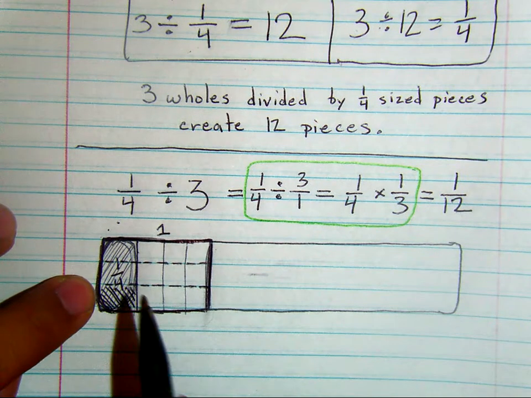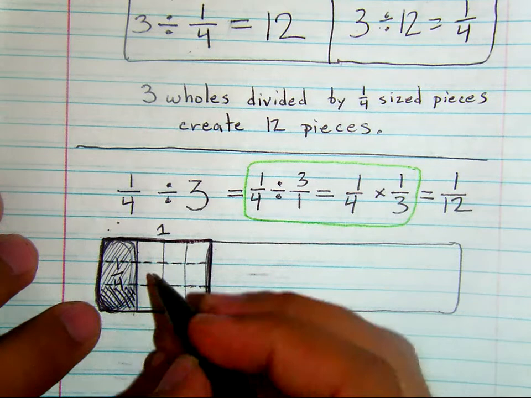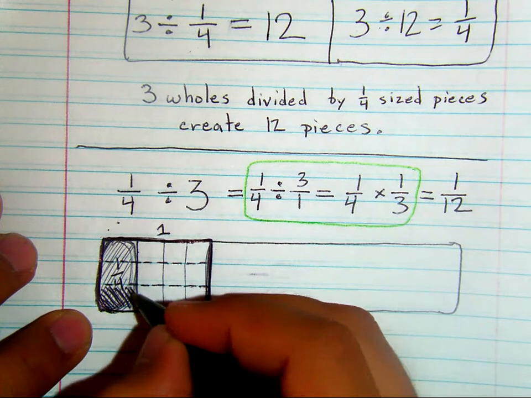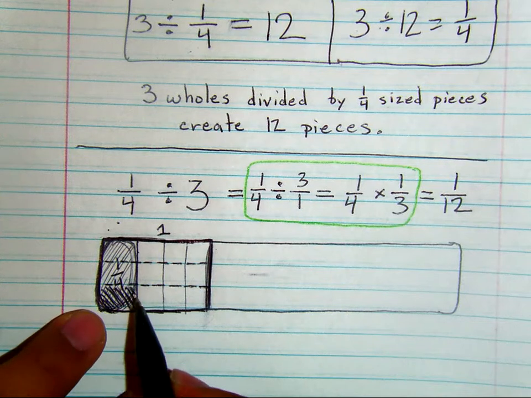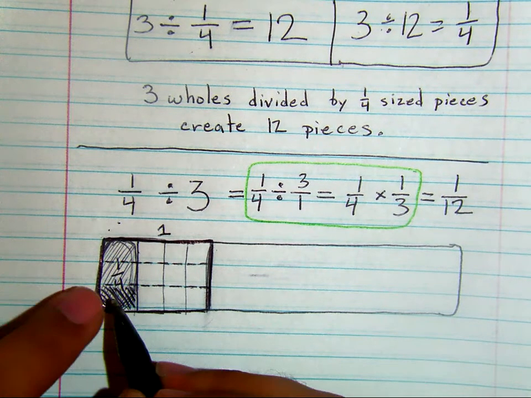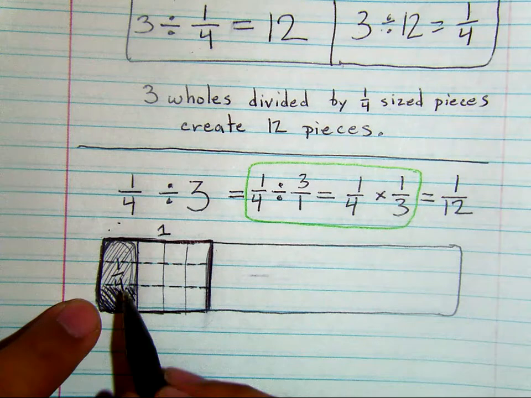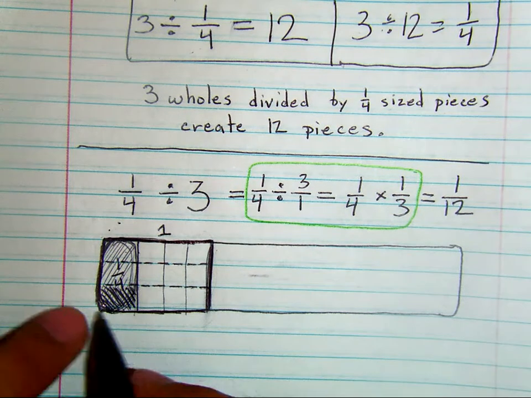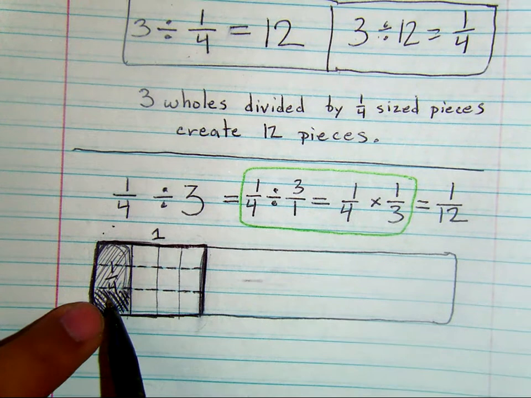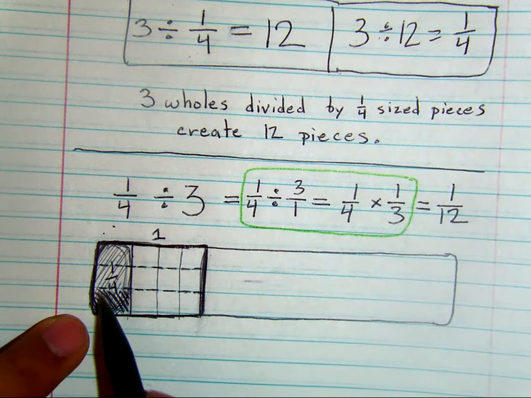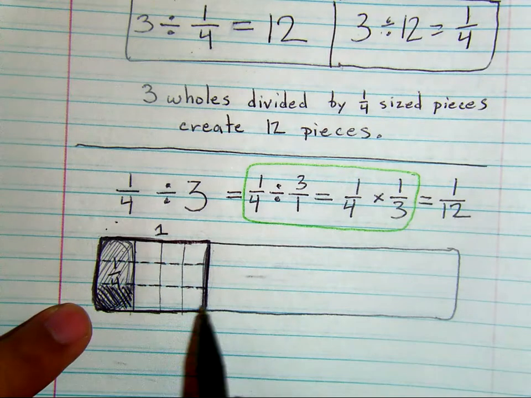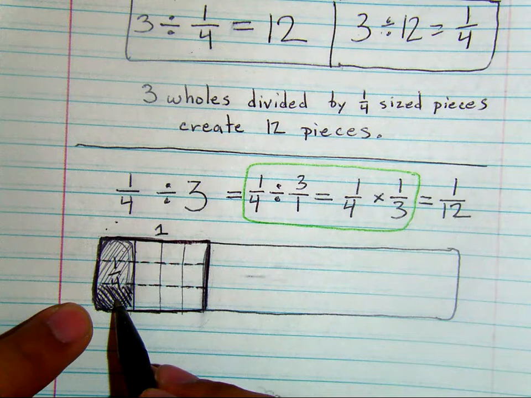And what you end up with is only that one piece. 1/4 divided by 3, you're going to end up with these sized pieces, which is not 1/3, because you're dealing with 1/4 of a whole. And so you're not just affecting the fraction. That fraction only existed because it was part of the whole. So now you break that up.